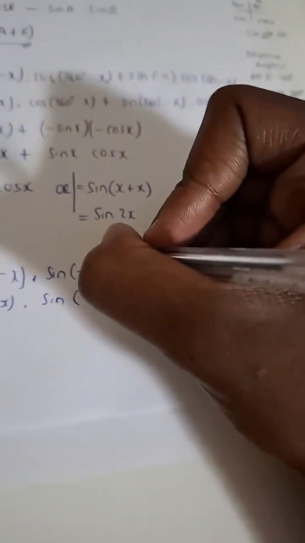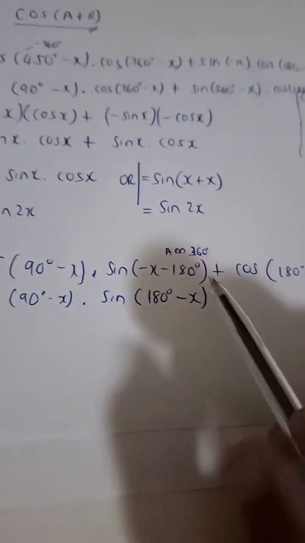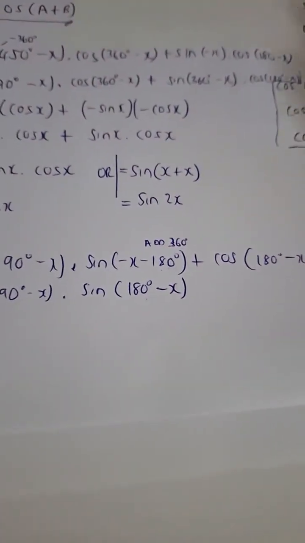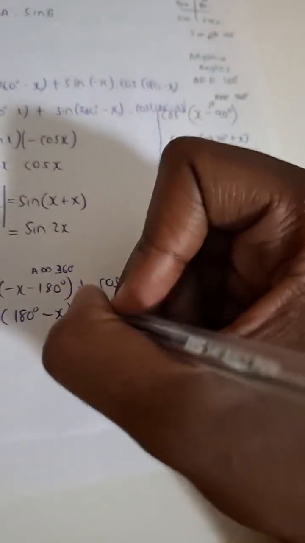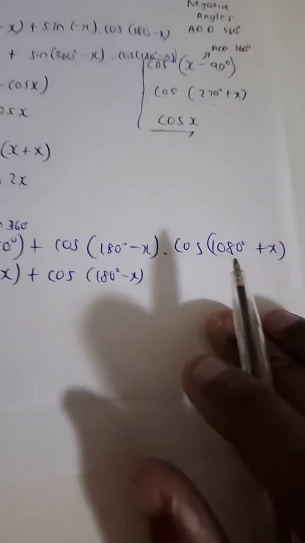So for negative angles, we just add 360, guys. Use your calculator and add 360 until you can get this angle within the 0 to 360 interval, so that you can work with a function value that you know. Plus this cos is fine. It's 180 degrees minus x. There are no issues there.